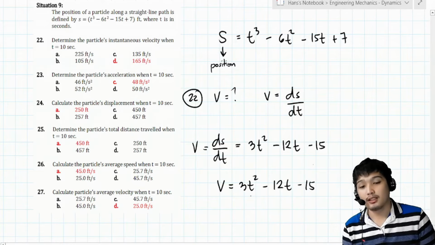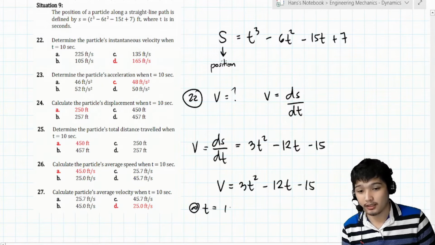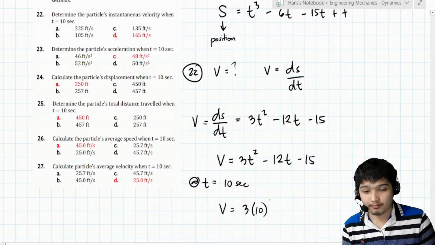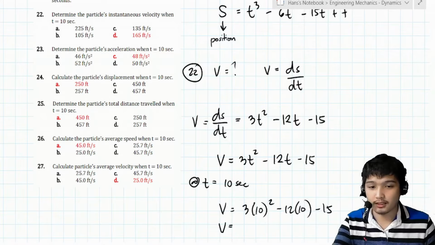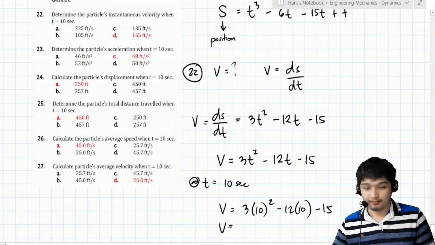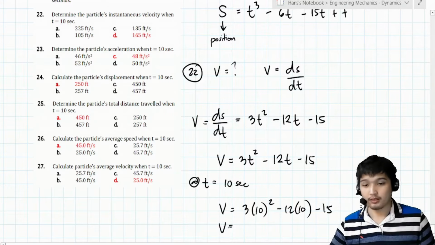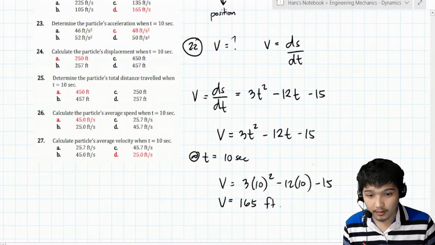Therefore, at t is equal to 10 seconds, just substitute the 10 there, guys. So what is the instantaneous velocity? That is 165 feet per second.